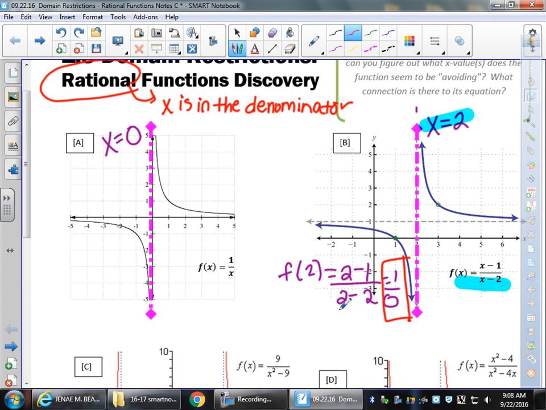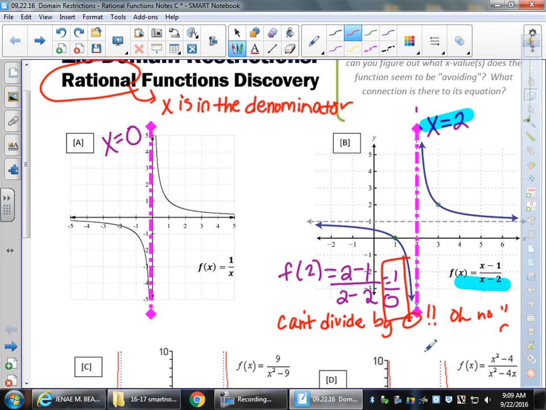Yes. Say that one more time. They are called rational functions because we do have x in the denominator, which means there's something we're going to have to restrict. Can't divide by 0. Oh no. Sad face.